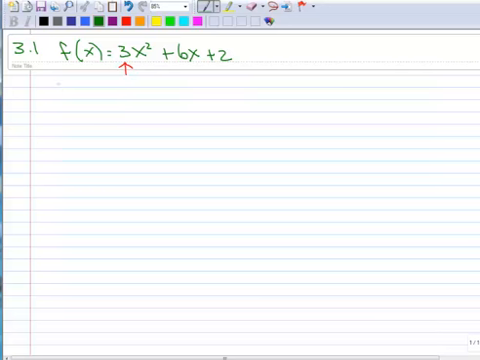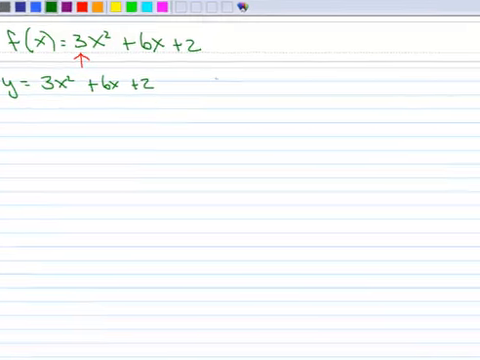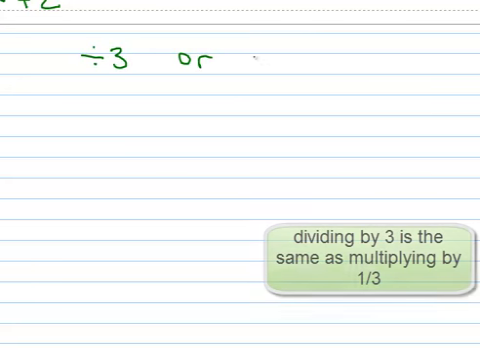Okay, so let's first start by changing this into y equals, like we've done before, 3x squared plus 6x plus 2. Okay, so that step remains the same. Now, in order to complete the square, we've got to get rid of this 3. So you can divide by 3, or you can multiply by 1/3, however you like to think of it.